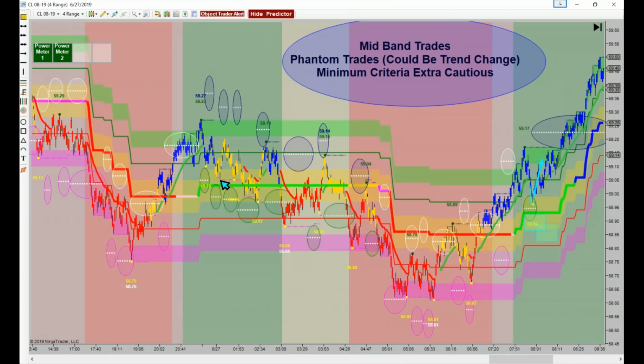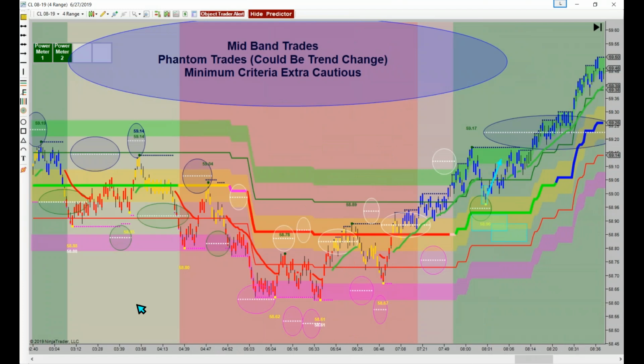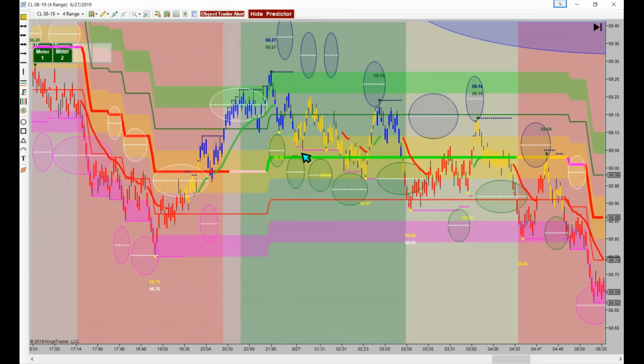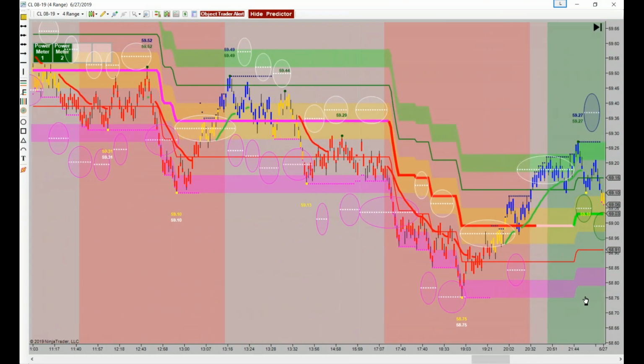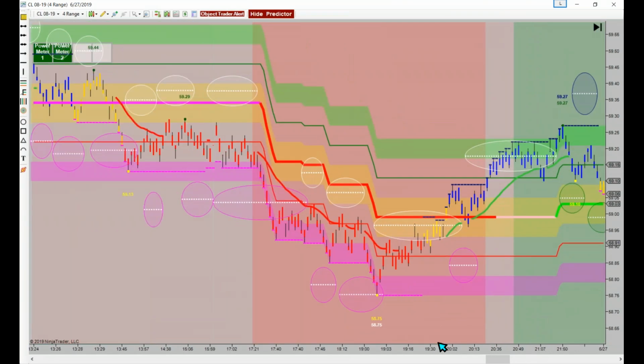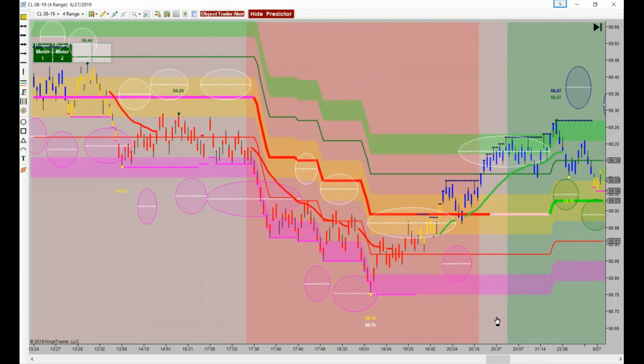Now this one right here, let's see this one right here. If you would have taken this one, let's go over how you would take this trade in real time, okay? Because you can clearly see that this one probably gave a scalp and that was about it. Okay, let's see if we can get the flashing bar. Okay, we got our flashing bar. So basically we box it in, right?